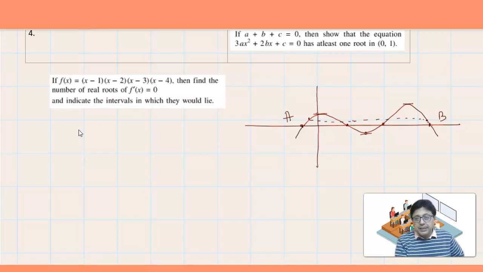See, these are the points where f(x) vanishes. Take these 2 points first. f(x) vanishes at these 2 points. Won't you get a point where f'(x) equal to 0? So between two successive zeros of f(x), there is a root of f'(x) equal to 0.